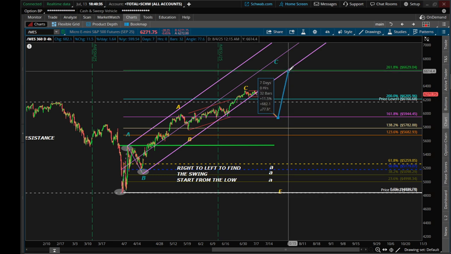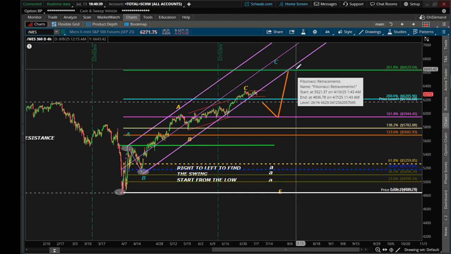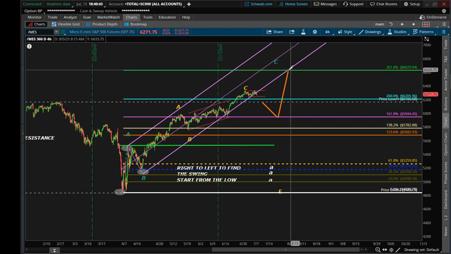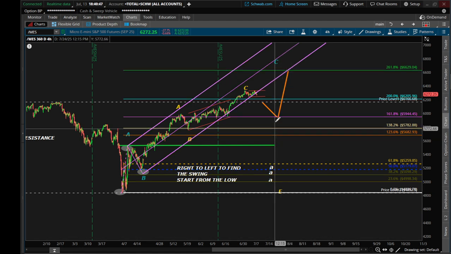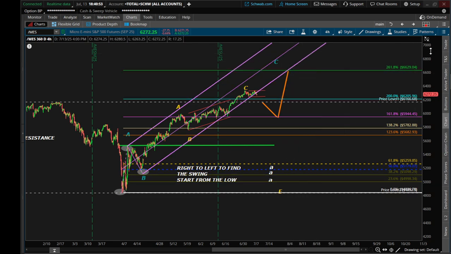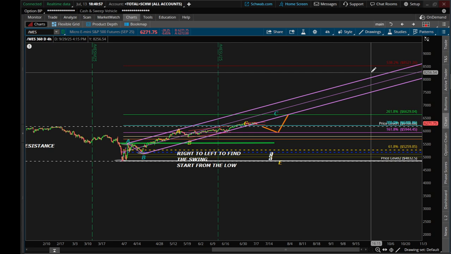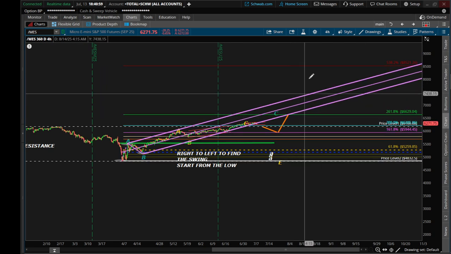you know, I wonder if we could use that pitchfork and the 261.8 as a top. That would have to happen pretty quick though, right? For those two to intersect. Otherwise I'd need to get some other targets up here.